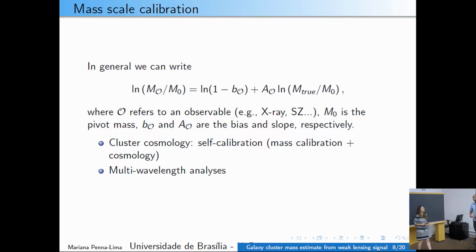For example, a common relation that people use between richness and mass has the same kind of expression, and this slope tells you if this relation is linear or not.